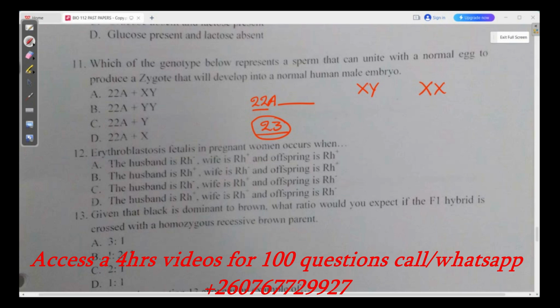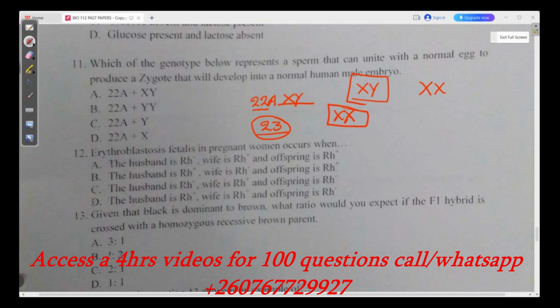For this individual to be male, the 23rd pair has to be XY. If you put XX as the 23rd pair, that individual is going to be what? Female. So the question is saying which of these genotypes represents a sperm that will unite with a normal egg to produce a zygote that will develop into a normal human male embryo.